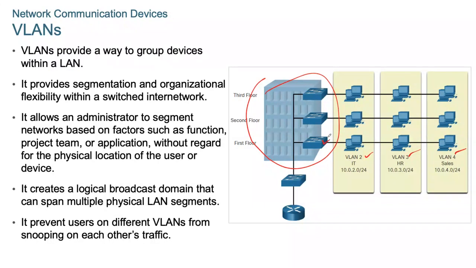It may be switch 1, switch 2 or switch 3, the ports which belong to this virtual LAN. Unicast, broadcast or multicast packets are forwarded and flooded only to end devices within this virtual group or virtual LAN.